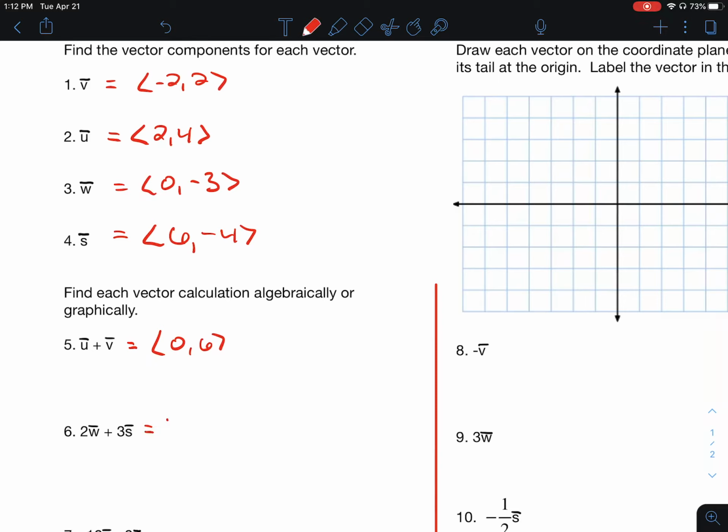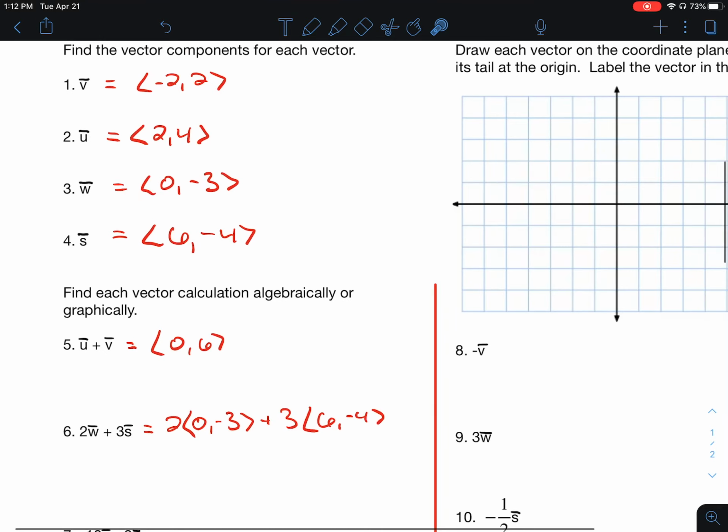So I have to double vector w, and I have to add to that 3 times vector s. And I'm just getting the components from my previous answers up above.